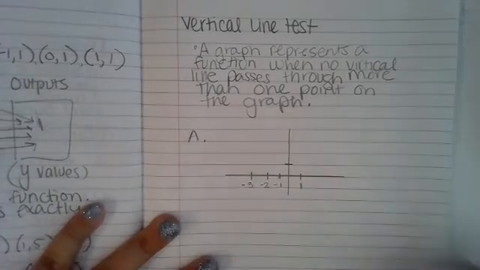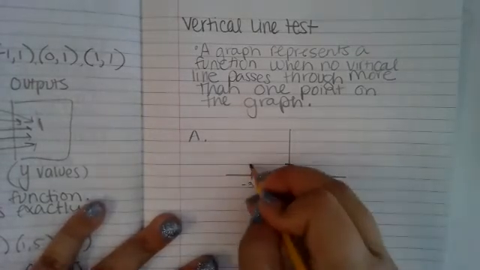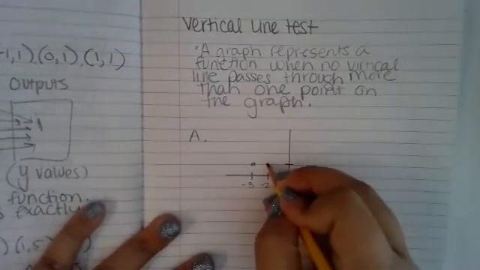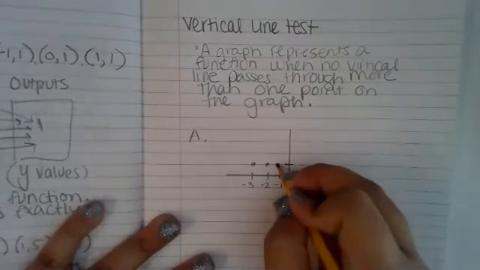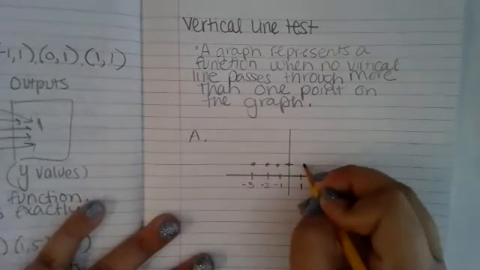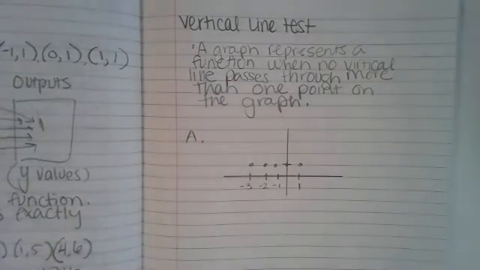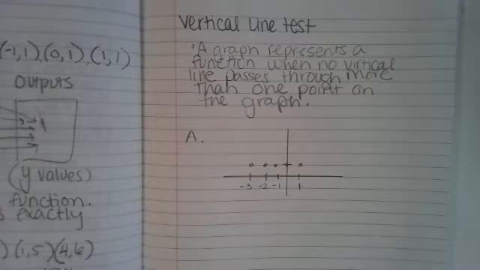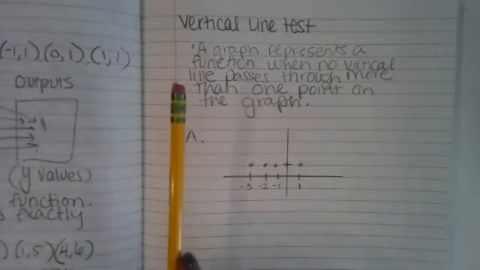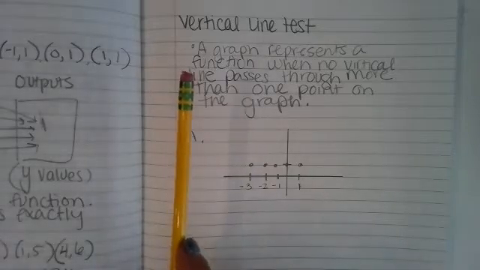Okay, so now I'm going to plot these points. So I have -3, 1, -2, 1, -1, 1, 0, 1, and 1, 1. So if I was to connect these points, I have a horizontal line, which would mean that I have a 0 slope. But if I look at the vertical line test, so vertical lines go up and down like my pencil.